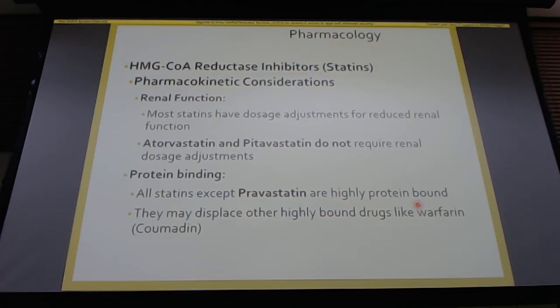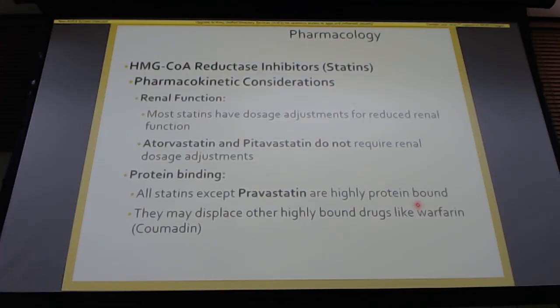Now, my PK parameters could affect my statins and how they're working, if I'm accumulating them, if I'm experiencing more side effects. So when you're looking at this, you see that you do need to dose adjust, so not making you remember any of that, of course. Just know that if your patient's renal function is declining, you're going to go into LexiDrug and look it up, and it will tell you how you're going to dose that patient.